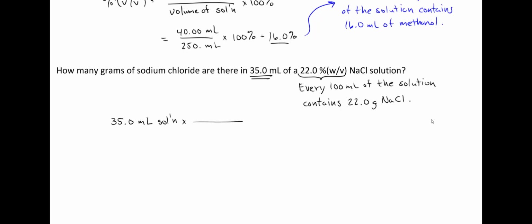And using our word form, we saw that for every 100 milliliters of the solution, that would be equivalent to having 22.0 grams of sodium chloride. Putting this into the calculator gives us a value of 7.70 grams of sodium chloride for those 35 milliliters of solution.